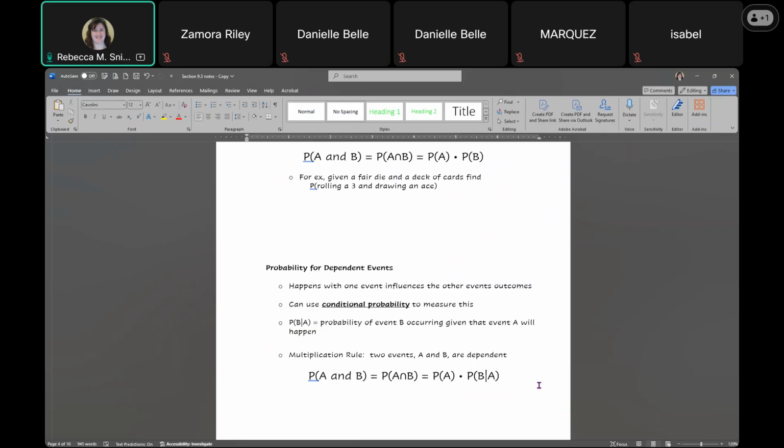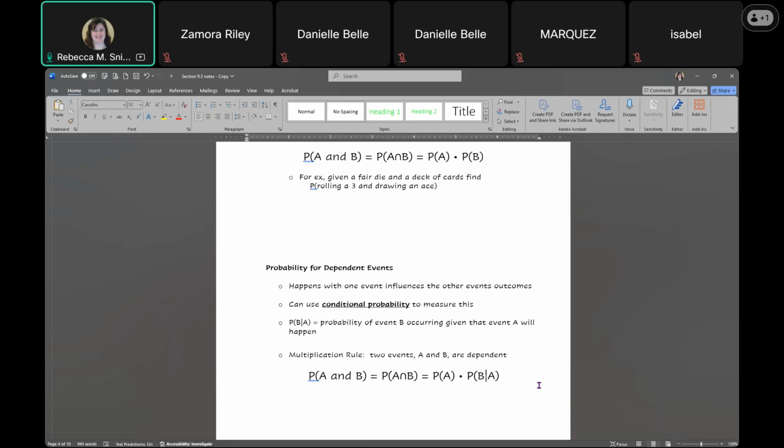Okay, for example, if we were working with a deck of cards, if I reached into my deck and I drew a card and I kept it, then when I went to draw a second card, the total of my deck has changed. My first probability had 52 cards to choose from, but my second probability now only had 51 because I kept and held on to that card without giving it back.